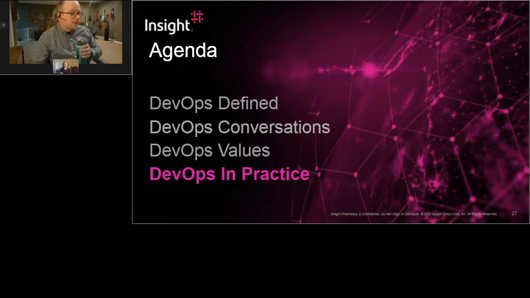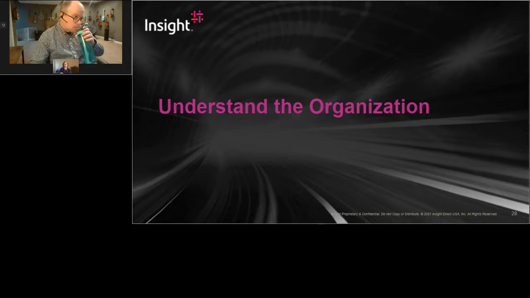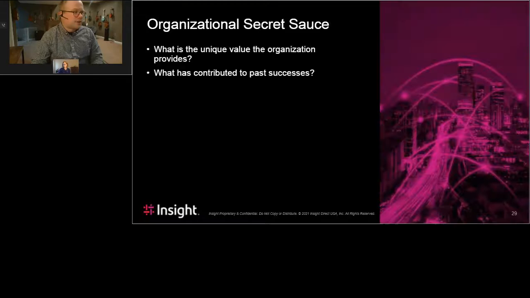The first thing is being able to understand the organization. And by that, I mean not just understanding that you're in an organization trying to execute IT type things. You understand the context that you're in. You understand what makes that organization tick. So I like to think about, what's the secret sauce of the organization?